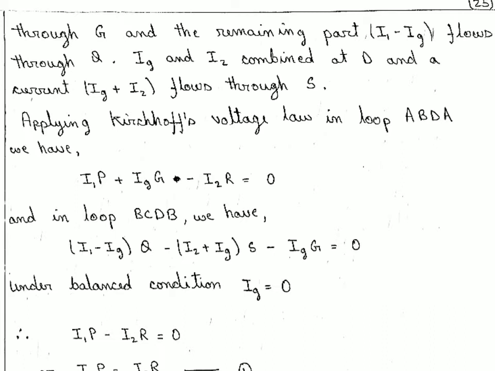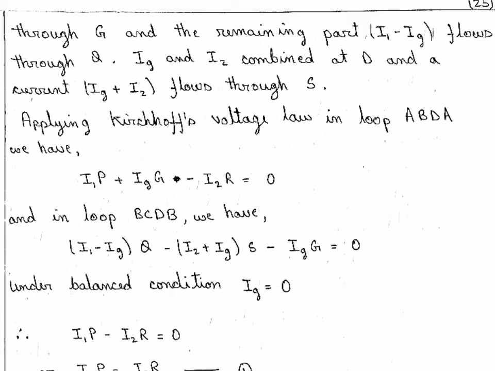But as the current I1 flows through P, there's a potential drop across P. Ig flows through G, there's a potential drop across the galvanometer of resistance G. And since I2 flows through R, there is a potential drop across R.